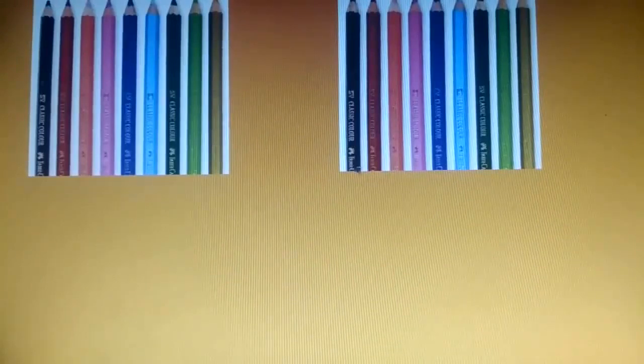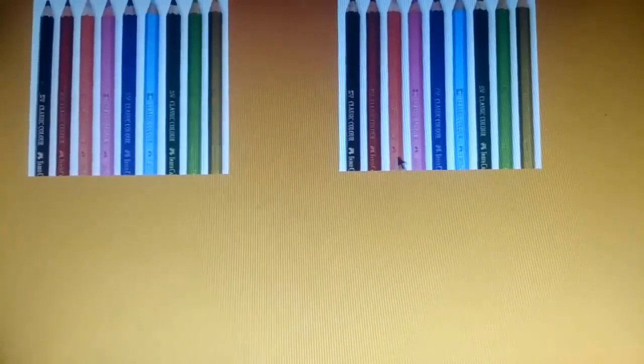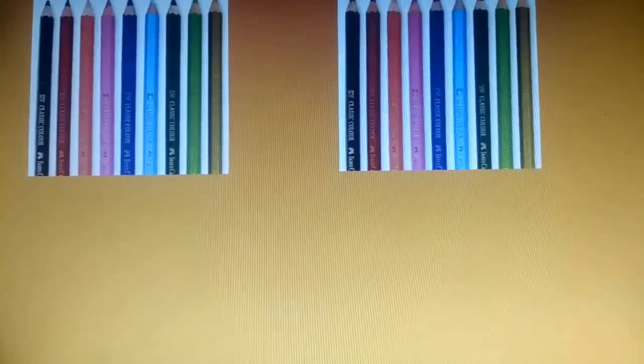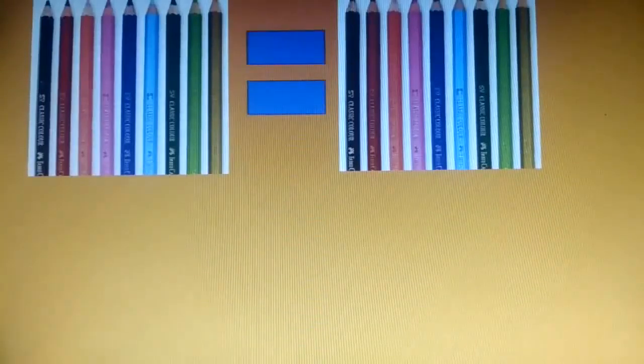And this side 1, 2, 3, 4, 5, 6, 7, 8, 9. This side, the number of pencil is also 9. So students, both side, the number of pencil is equal. Okay. So we will put a sign of equal to like this.